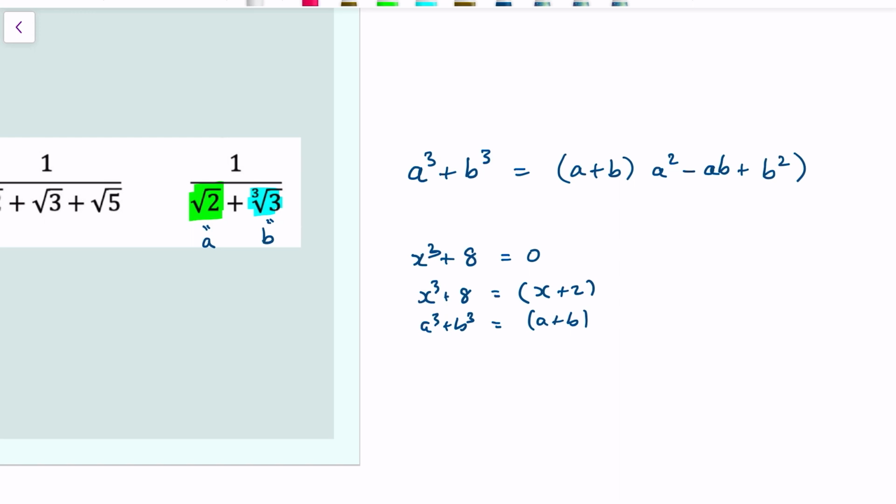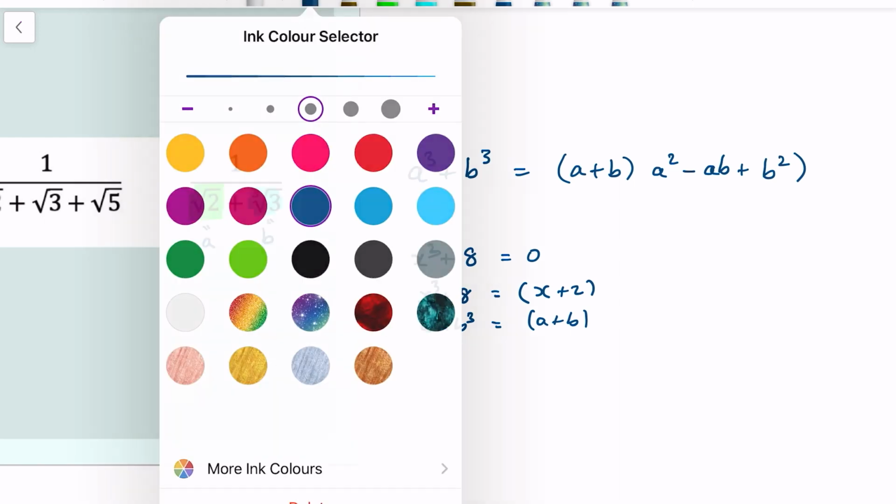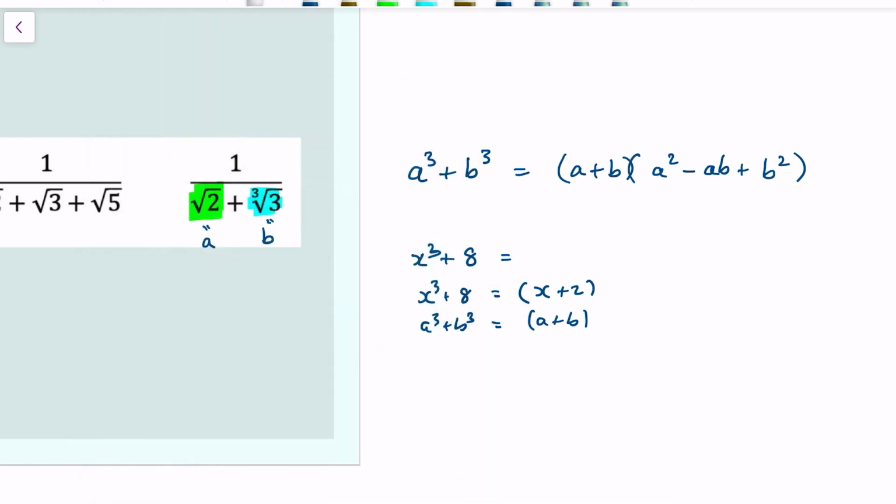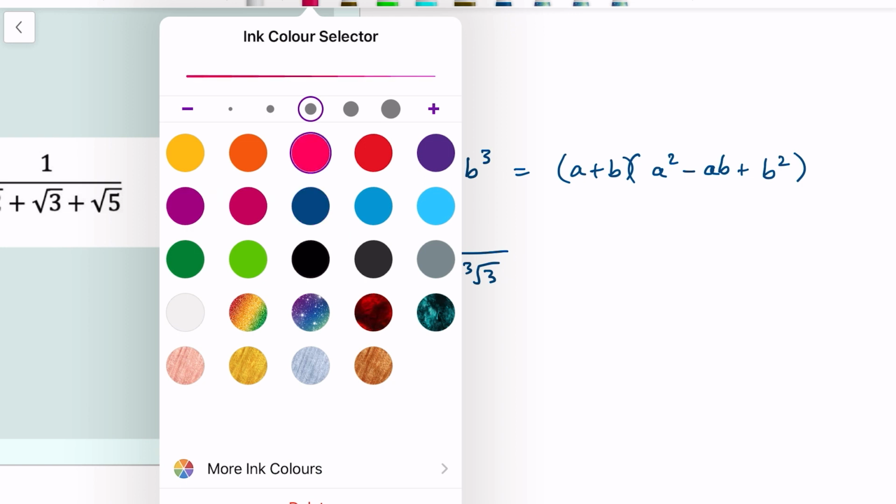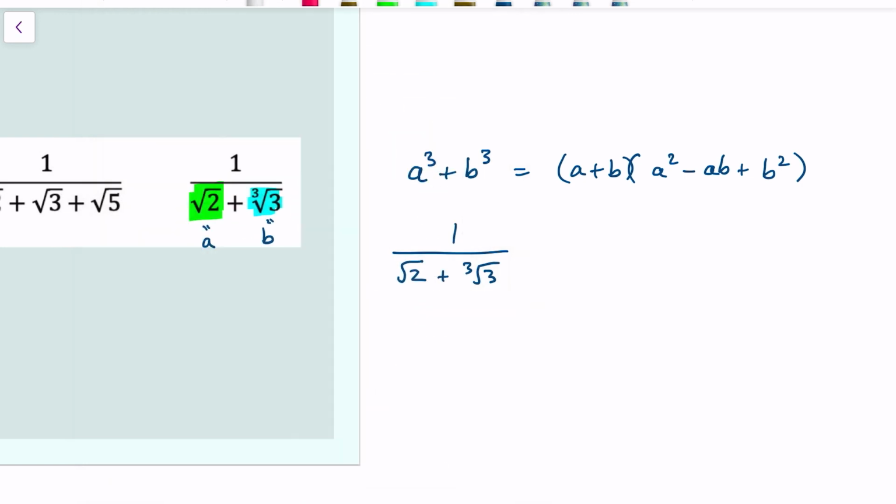Now, I can use this special factorization to our advantage. Given what I've called a and b, if I take this 1 over root 2 plus cube root of 3 thing, and I multiply it by root 2, remember a is root 2, so I'm going to multiply it by root 2 squared, which is 2.